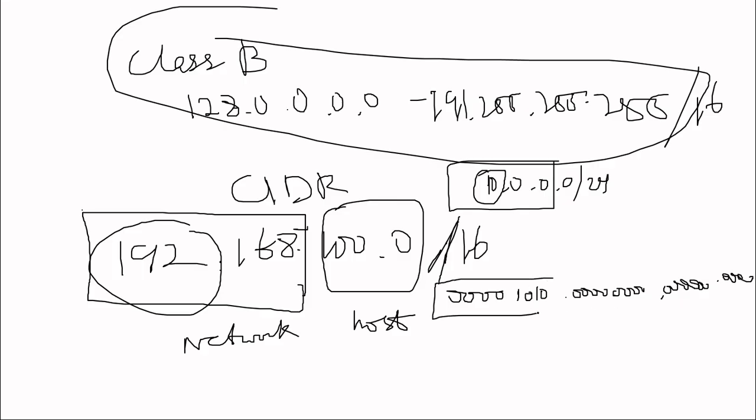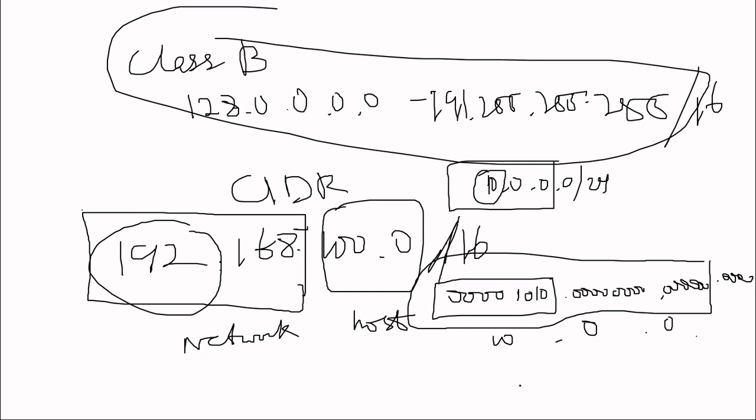So this identifies the 10, this 0, this 0. What I mean here is this area is set aside for the network with this /24, the first 24 bits, because when you count 1, 2, 3, up to 24, you should be up to 24.